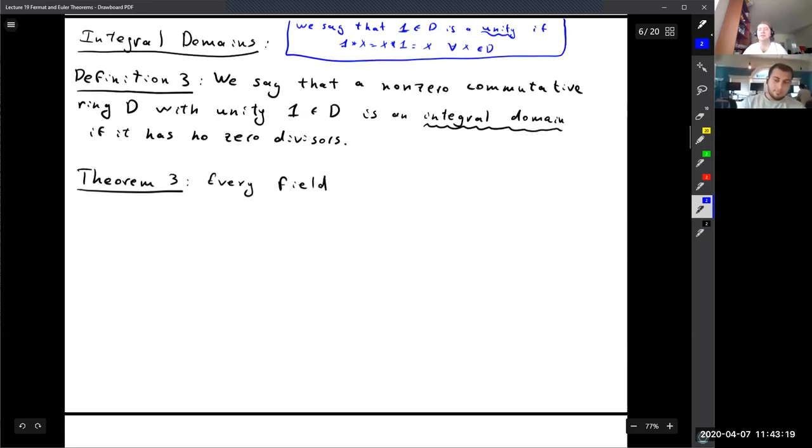We introduced this definition last time. Okay, so now every field is an integral domain.